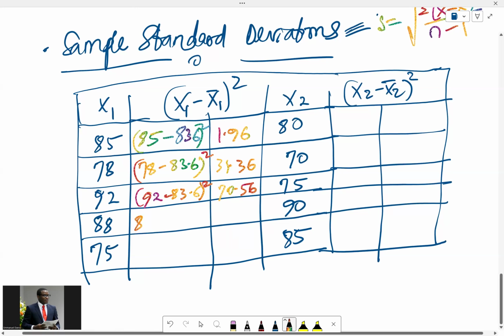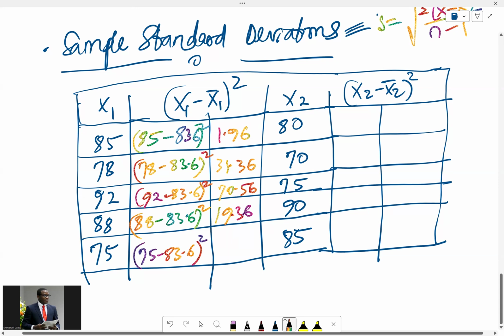Next we have 88 minus 83.6 all squared. 88 minus 83.6 is actually 4.4. When you square that, you get 19.36.